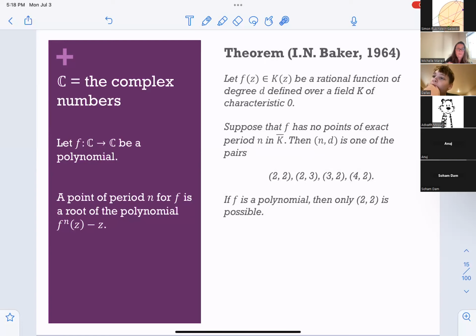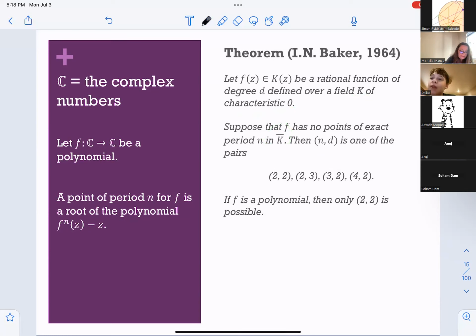Everything we talked about, almost, so the rational numbers, complex numbers, real numbers, those all are. And this k bar means that every polynomial has roots. So the complex numbers are a field of characteristic 0, and in that case, k and k bar are just the same. So we can rewrite this to say, let f be a rational function over the complex numbers.